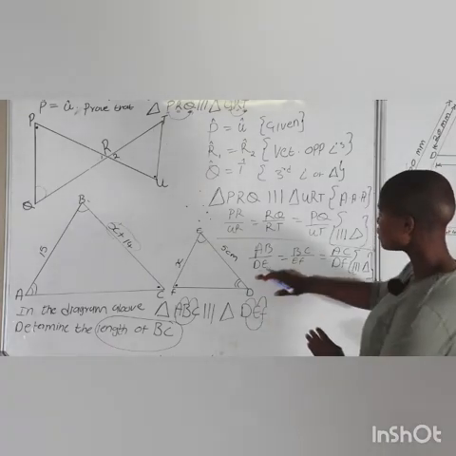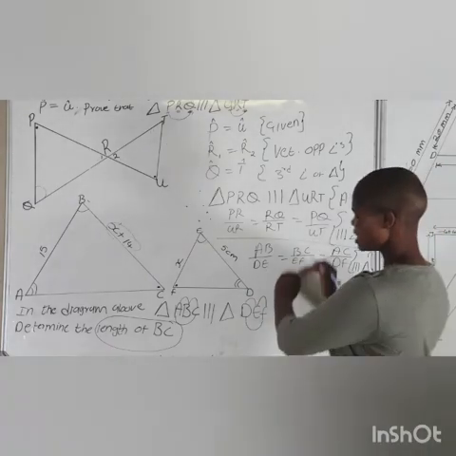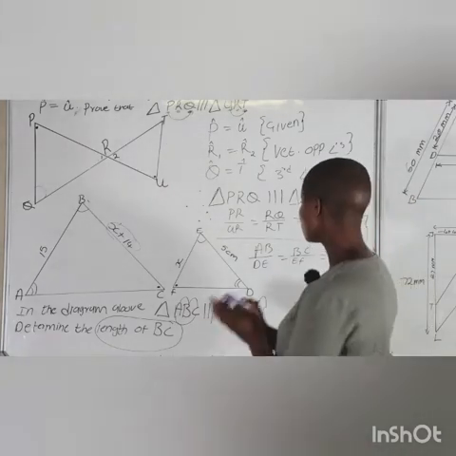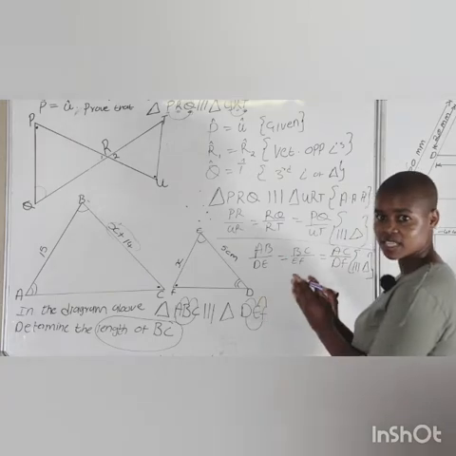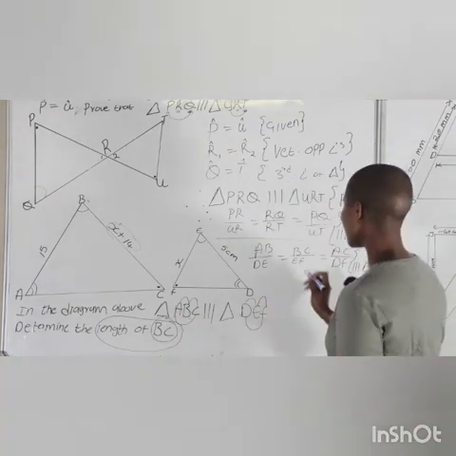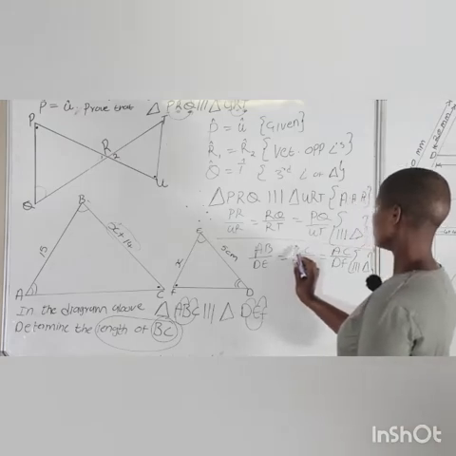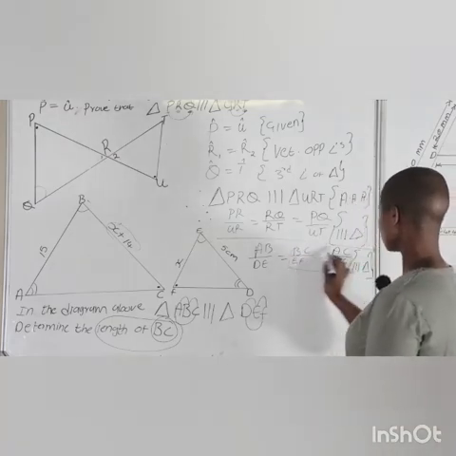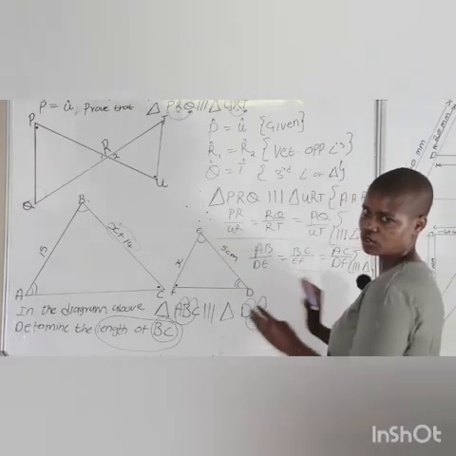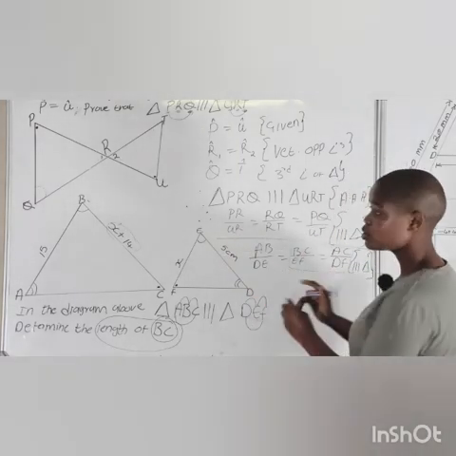Okay, so now that you are done with this, the second step, you're going to substitute and target the sides that you are looking for. We are looking for BC. So you can either use these two or you can use those two. It does not matter really. But you have to be smart about it.